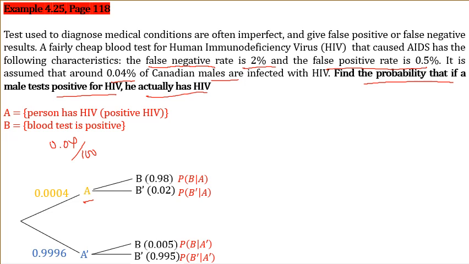So for the person who does not have HIV, 0.5% over 100, we get 0.005 here. And for the B complement, 1 minus 0.005 is 0.995.